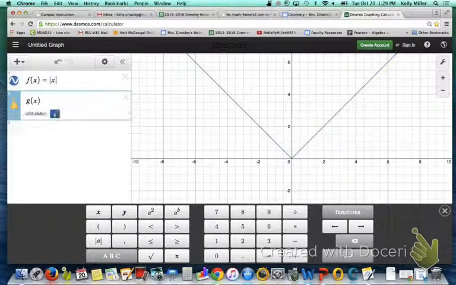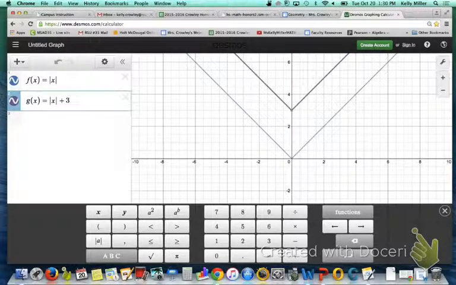Well, what do you think is going to happen to our graph? Missing an equals. What happened to the v? How do we get out of the absolute value? Right arrow. Just hit the right arrow. It should move you out.